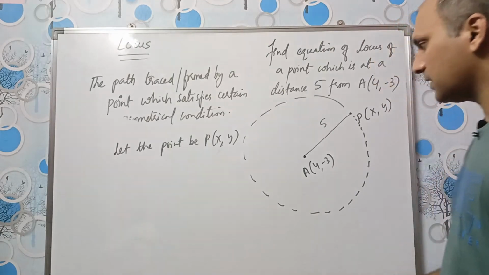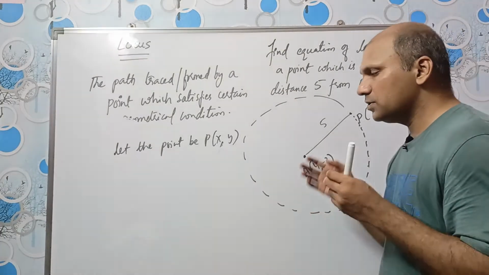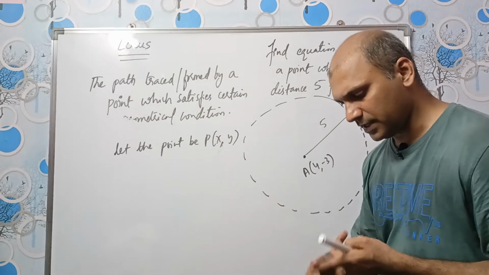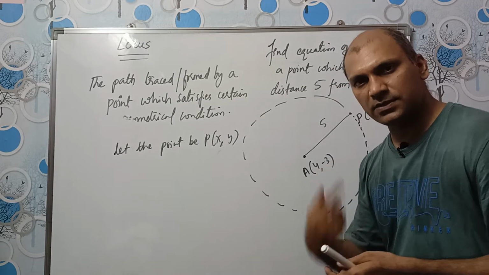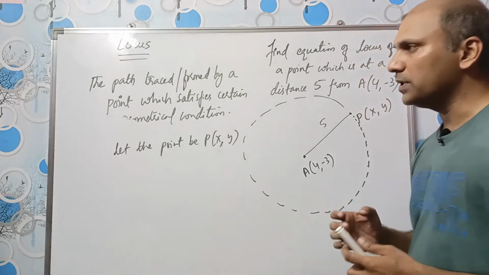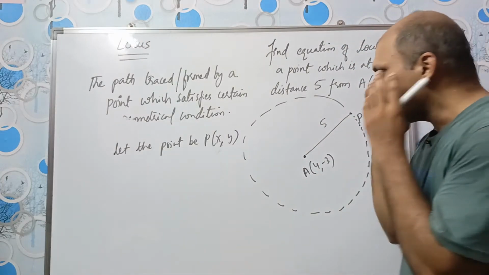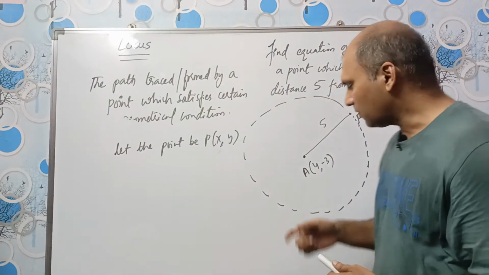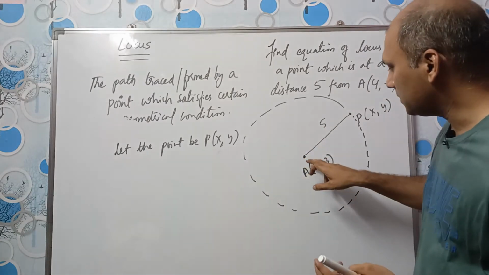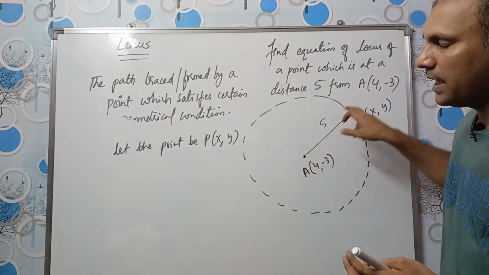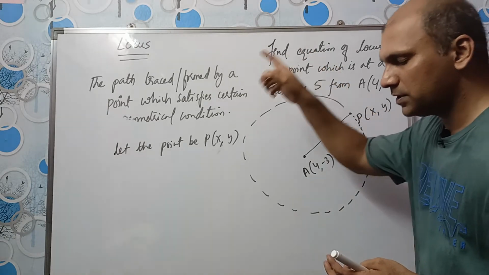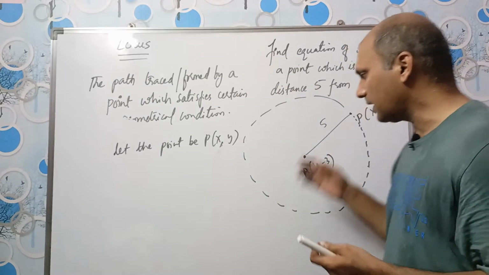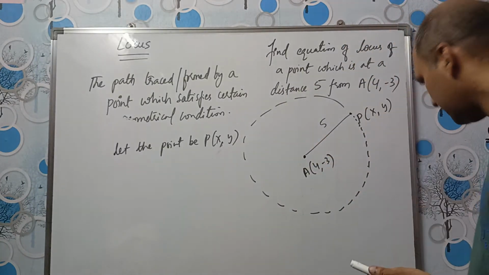In coordinate geometry, in locus, transformation of axis, straight lines, pair of straight lines, circles, system of circles, what you should do is you should imagine, you should visualize these diagrams. Point A will be the center of circle 4 comma minus 3, and we'll have a point P x comma y which is 5 units away, so it will form a circle, right? Like that we should visualize things.